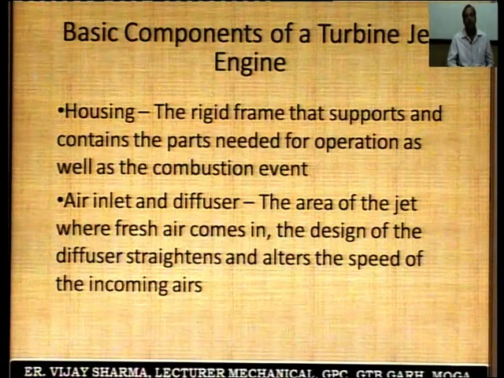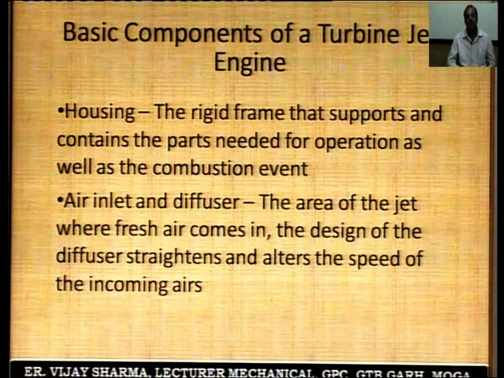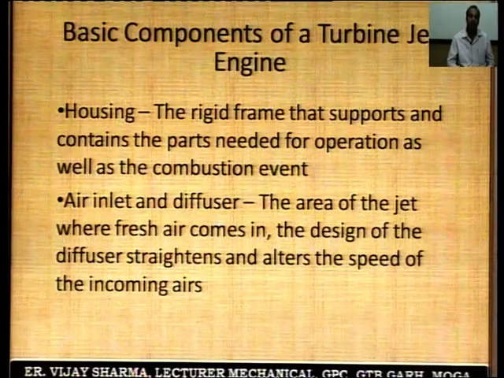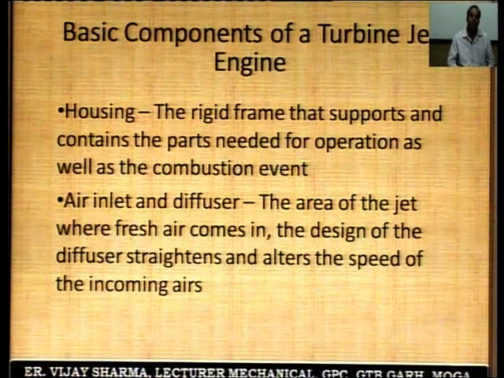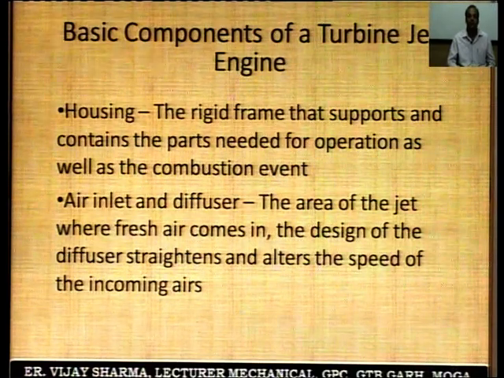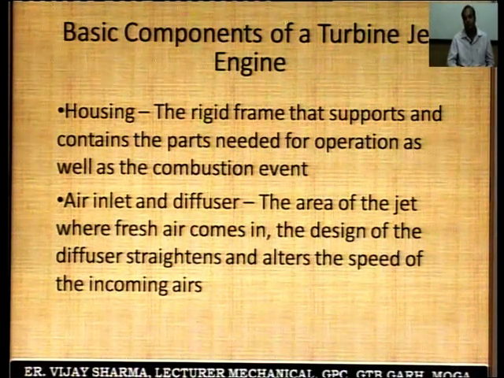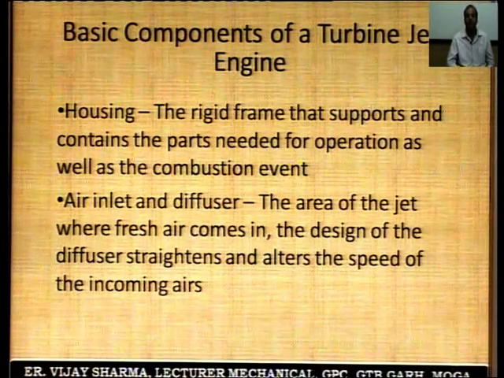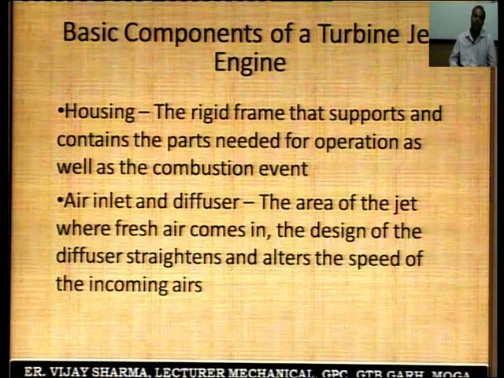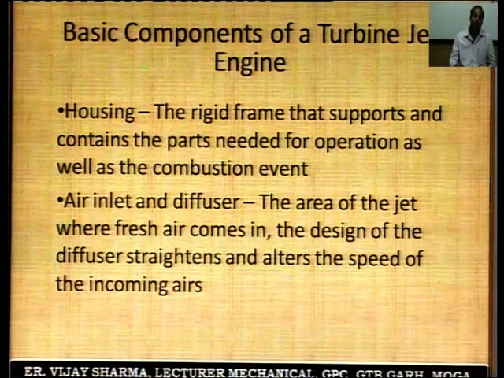Second is the air inlet and a diffuser. These are also basic and important parts. The inlet is the area of the jet where fresh air comes in, and the diffuser is designed to straighten and alter the speed of the incoming air. Let me discuss other parts.